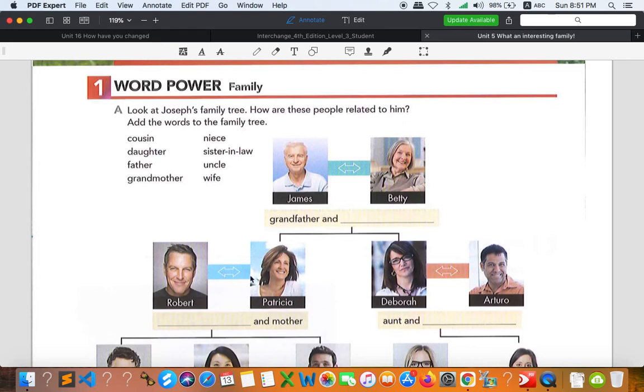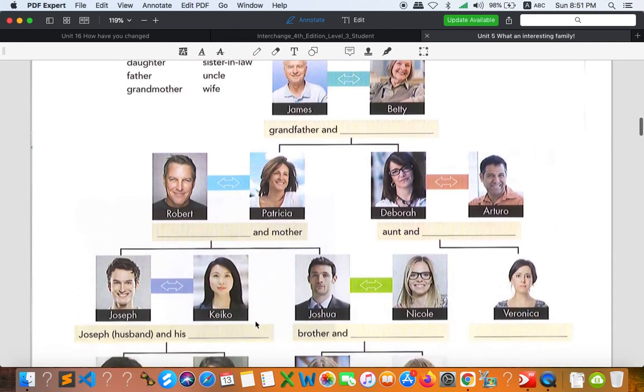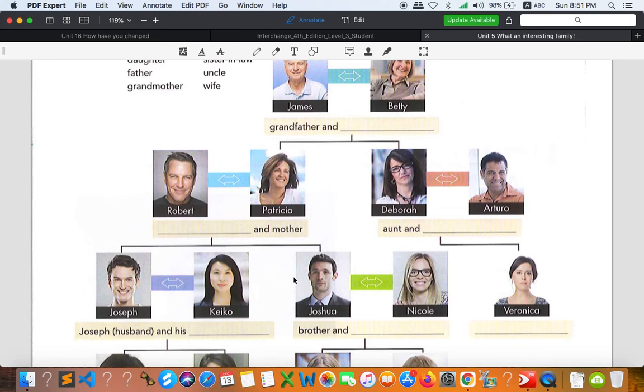The first one, Patricia, got married to Robert. So Robert should be what? This is mother, and that should be father. The father and mother of whom? Of these two, Joseph and Joshua. These two are brothers. All right.